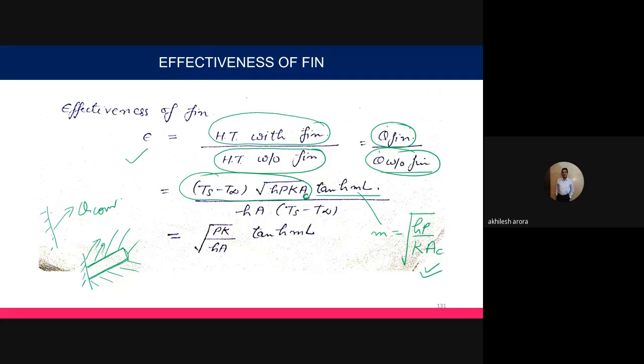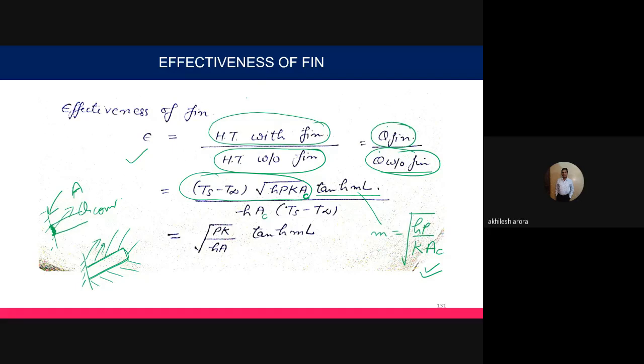Now this is area A. From the same area we are considering here, the same area AC. That means this much area from which the heat transfer is taking place, because only on this area we have applied the fin. So we will be talking about this particular area only on which the fin is there.